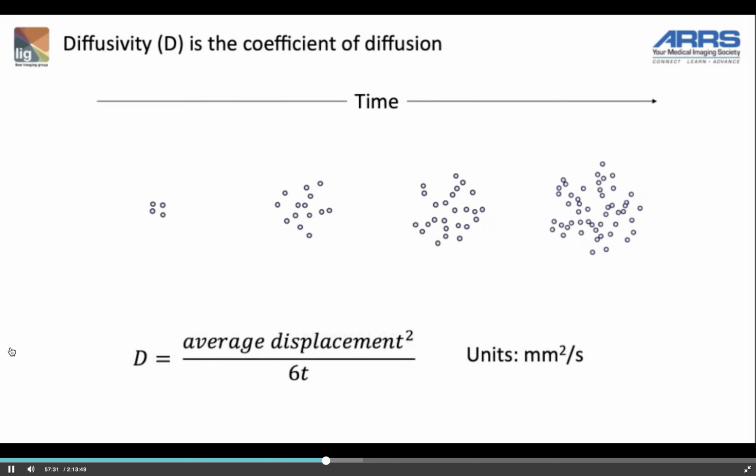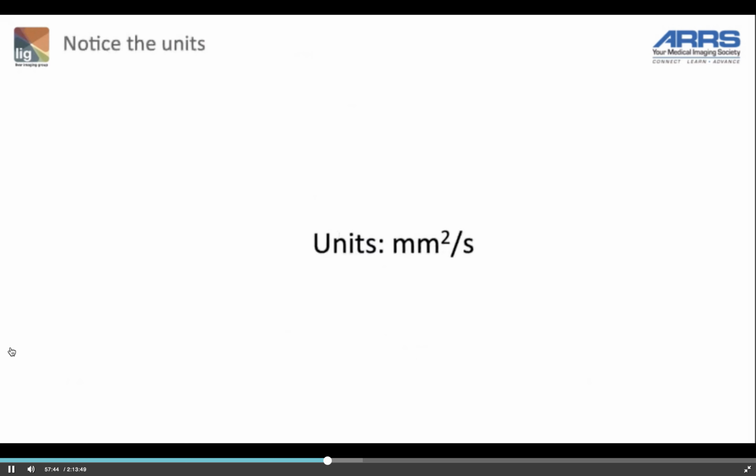Now, diffusivity has an equation. It's basically the average displacement of these molecules squared over 6 times time. And what I'd like to emphasize now is that the units of diffusivity are area divided by time, or millimeters squared divided by seconds. We'll come back to this later when we talk about DWI.